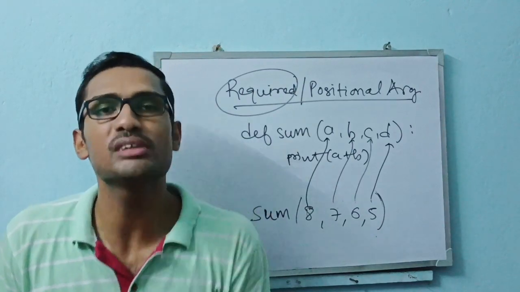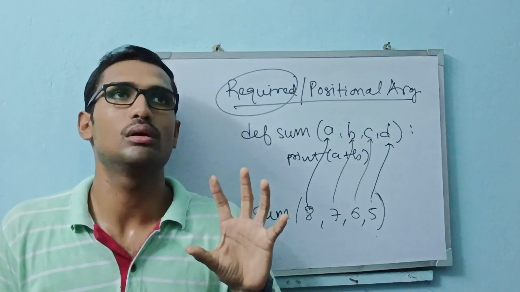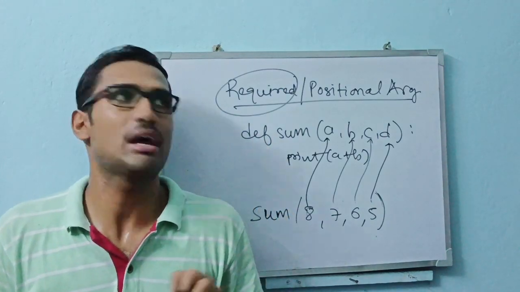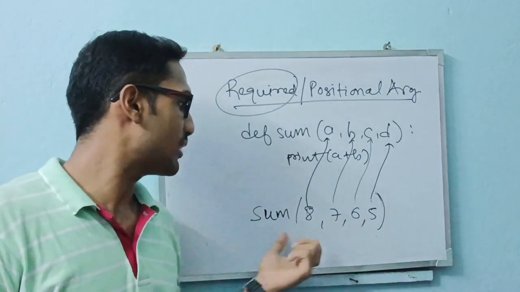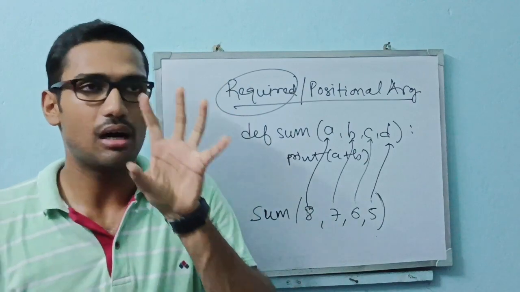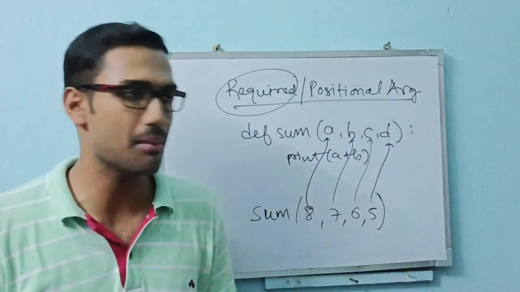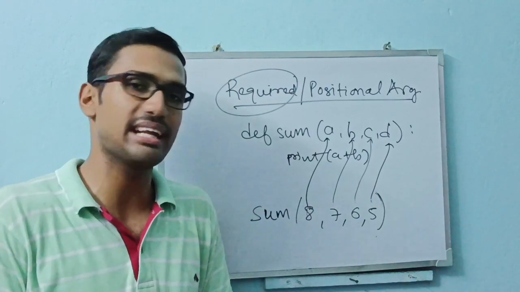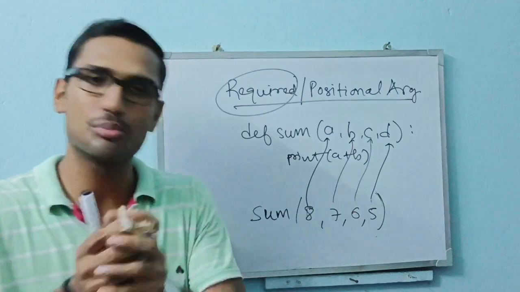But yes, I will be using the parameters and the required ones. And I will also show you how the values of A or B get changed with the change in the order of the arguments. At the same time, if I pass fewer arguments than the number of parameters or more than the number of parameters, then definitely I will get an error. All these things will be shown to you in the practical class. So let's move to it.